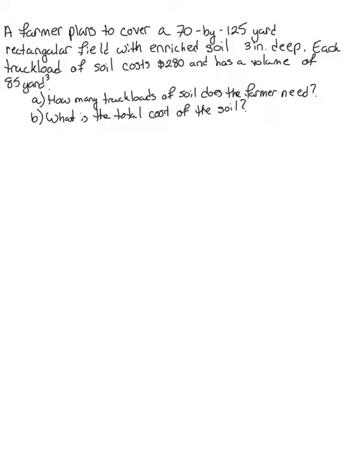Well, once we figure out part A, figuring out part B is going to be fairly simple. One of the first things we've got to do is draw a picture of the scenario. So I'll have our rectangle here.